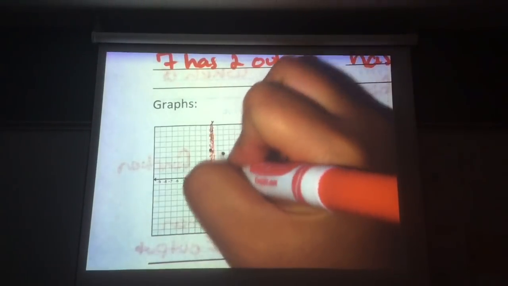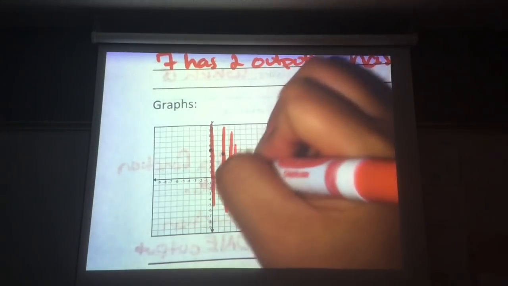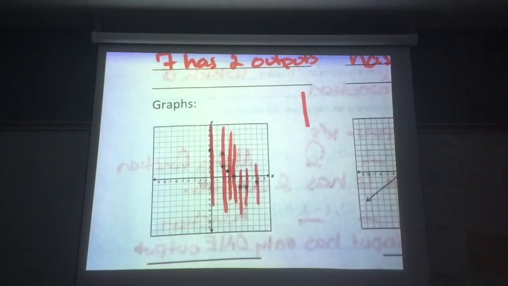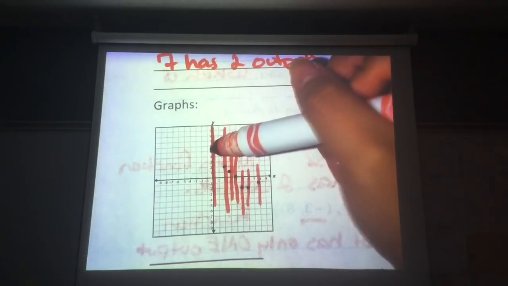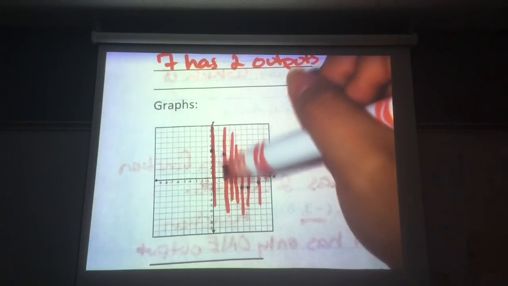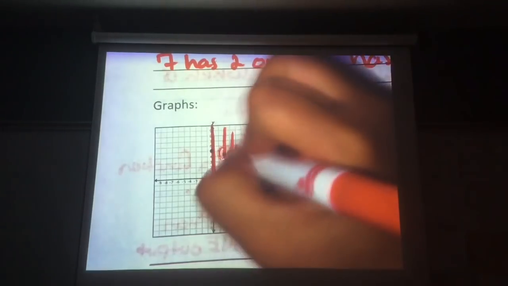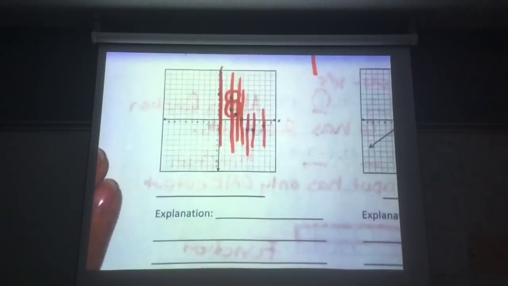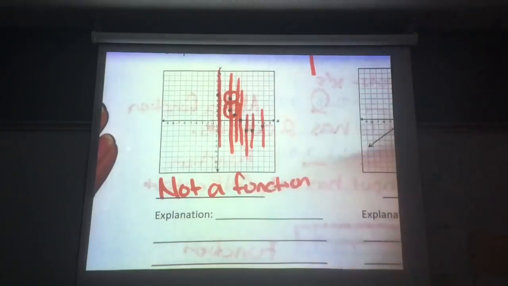So I'm going to imagine some vertical lines passing through. I'm going to go ahead and mark them on my paper. So imagining these vertical lines passing through, at this first vertical line, it only crosses once, so that has a single output. Here, though, it crosses twice this vertical line. Therefore, at this spot, it has more than one output. It fails my vertical line test. Therefore, it is not a function. Okay?